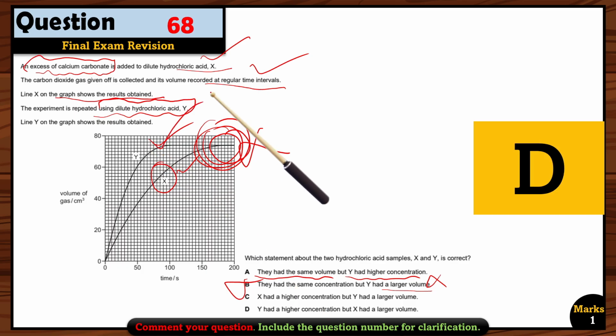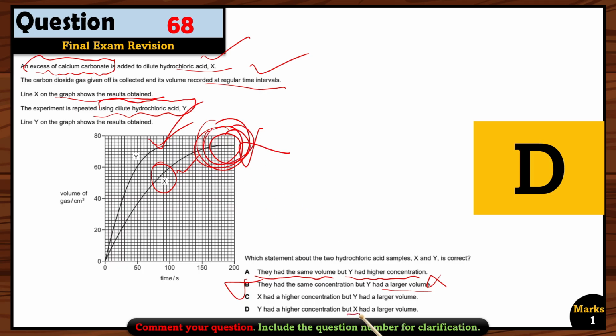Y had a higher concentration. Yes, that's right. That's why you can see that the speed of the reaction is faster, right? So Y has a higher concentration, but X had a larger volume. If X did not have a larger volume, then the product should also be different. But here the product is the same, right?